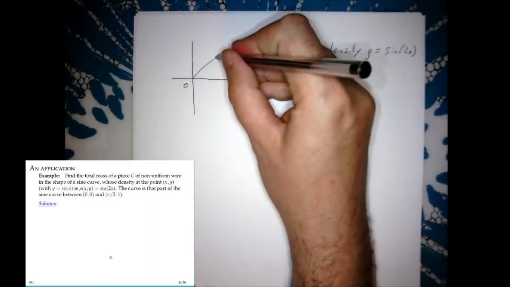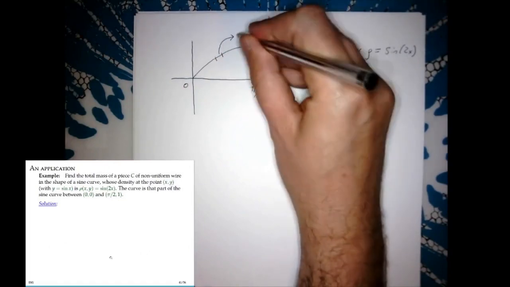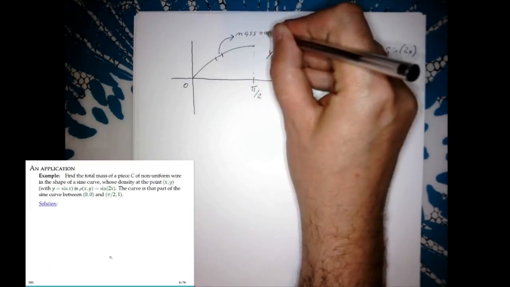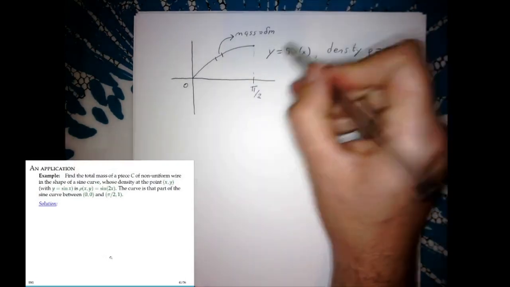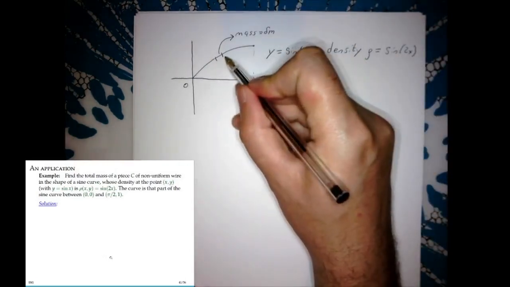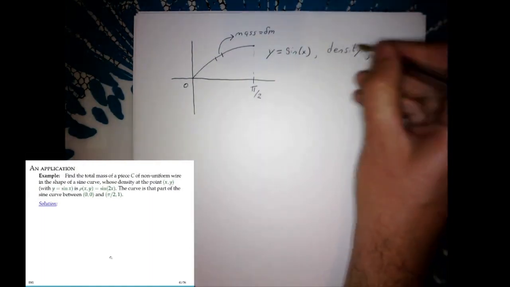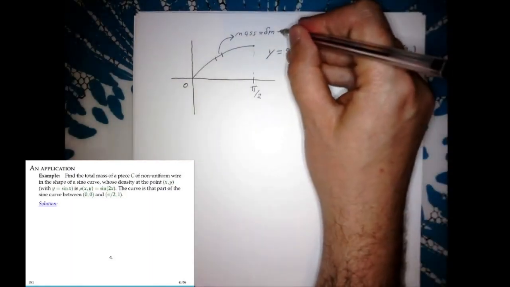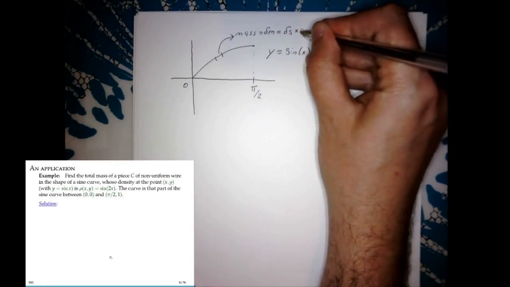And so if we consider what is the mass of a small segment here, say that's delta m, the mass of a small segment, that's going to be the length of that segment, delta s, times the density, which is the mass per unit length. So delta s times rho.